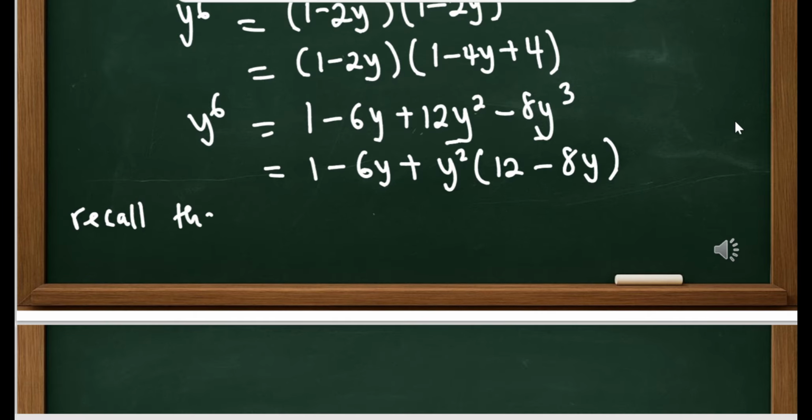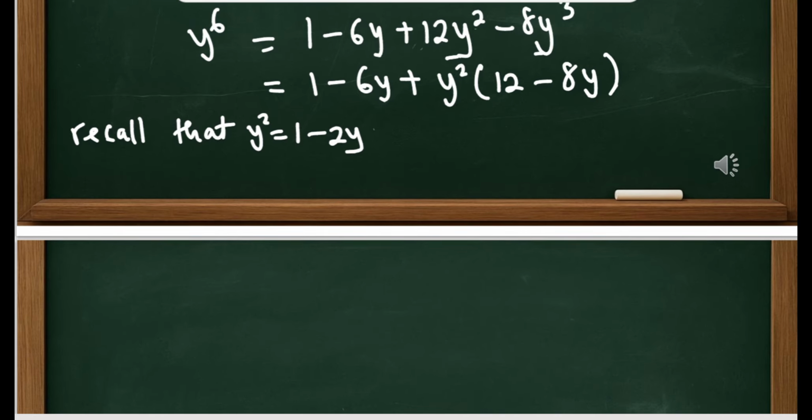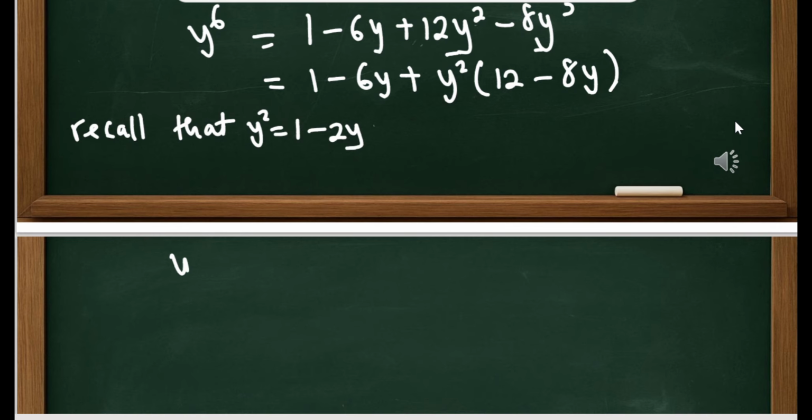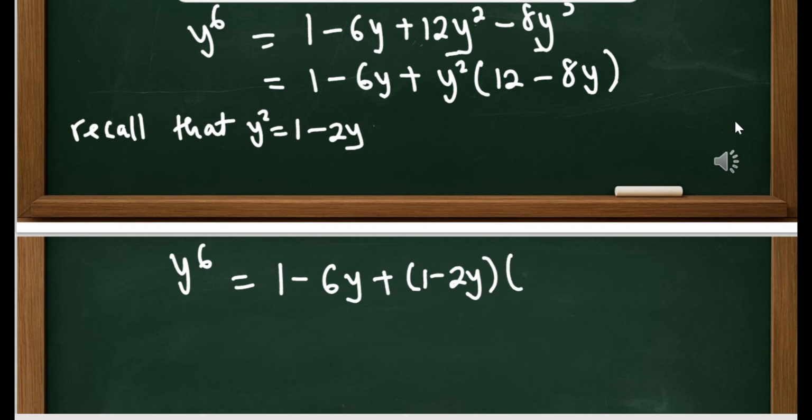Recall that y squared equals 1 minus 2y. So here I can have y to the power of 6 equal to 1 minus 6y plus 1 minus 2y times 12 minus 8y.